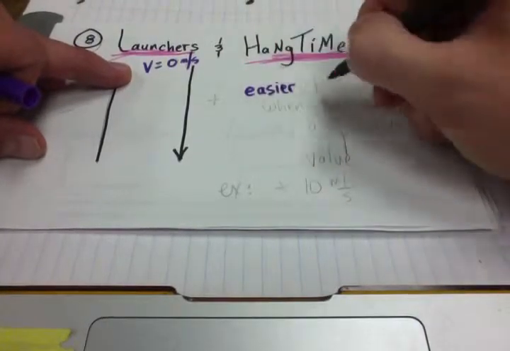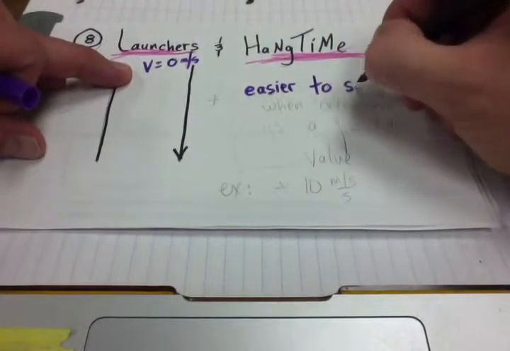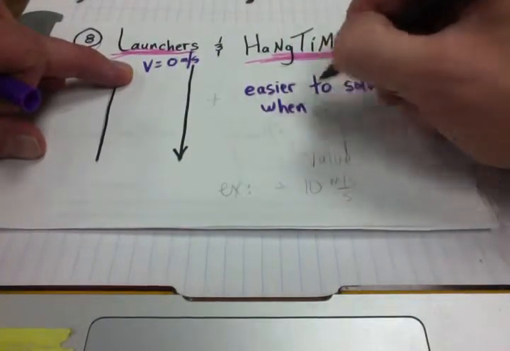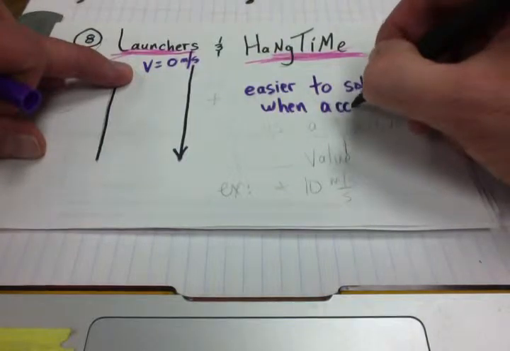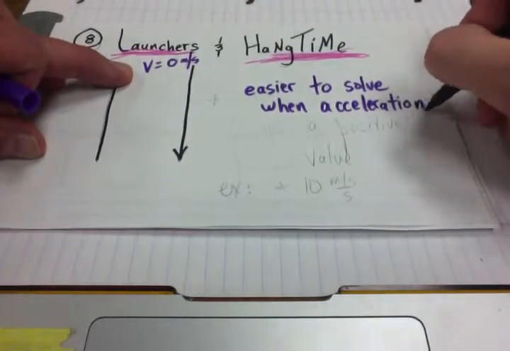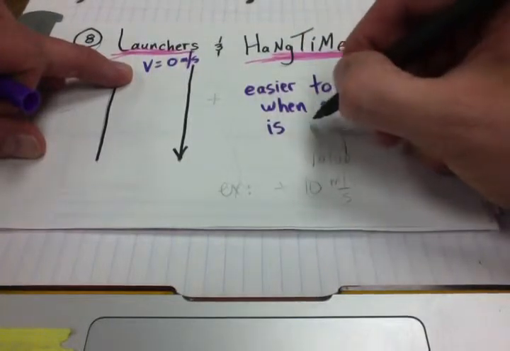What you guys have actually been doing when you plug and chug and solve our hang time problems, our vertical leap problems, our marble launcher problems, you've been using that acceleration due to gravity. You've been plugging in a positive value.